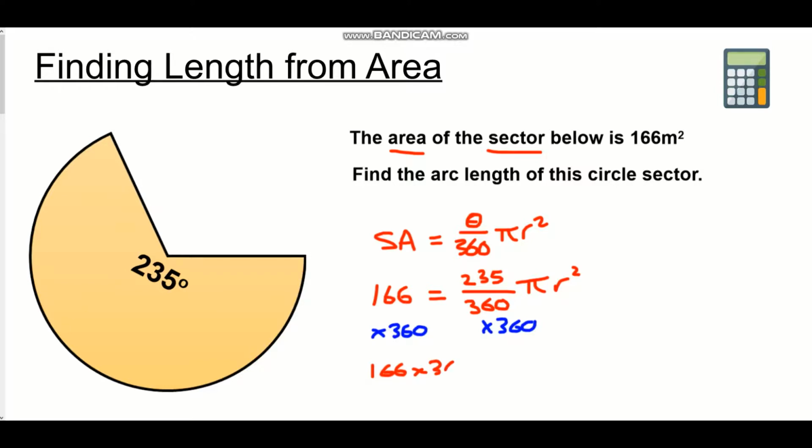I'm just going to keep it as a sum, stick it all into my calculator at the same time. That way there's less calculations where I could make a small mistake. That's equal to 235 pi r squared. I'm going to divide both sides by 235 pi.